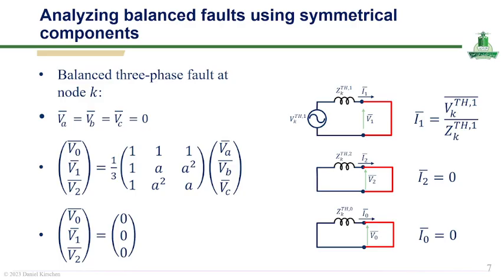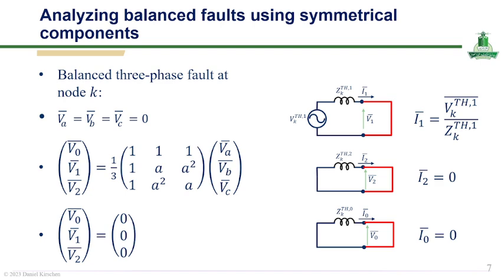So VA is equal to VB is equal to VC is equal to zero. By applying the symmetrical component transformation, the sequence voltages V0, V1, and V2 are also all equal to zero, confirming that no unbalanced components exist in the system during this type of fault.